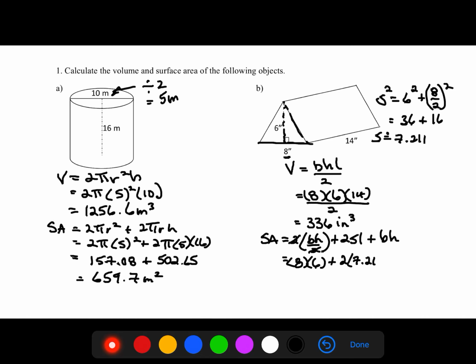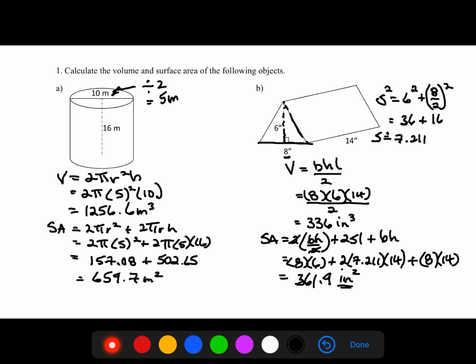So we're going to have 8 times 6 plus 2 times 7.211 times 14 plus 8 times 14. And again, we can do this all in our calculator in one big step. 8 times 6 plus bracket 2 times 7.211 times 14 end bracket plus bracket 8 times 14.